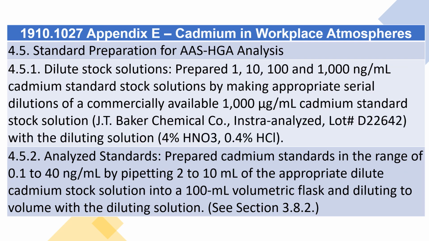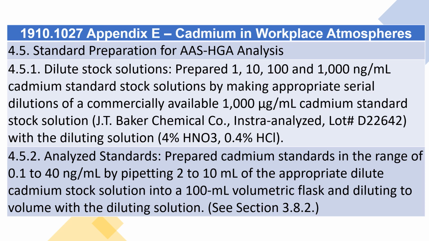4.5. Standard preparation for AAS-HGA analysis. 4.5.1. Dilute stock solutions. Prepared 1, 10, 100 and 1000 nanograms per milliliter cadmium standard stock solutions by making appropriate serial dilutions of a commercially available 1000 µg/ml cadmium standard stock solution, J.T. Baker Chemical Company, Instra-analyzed, lot #D22642, with the diluting solution, 4% HNO3, 0.4% HCl. 4.5.2.